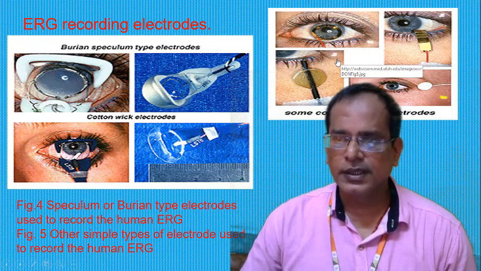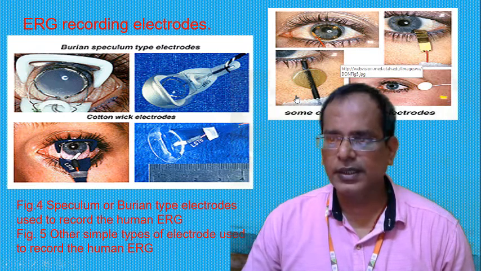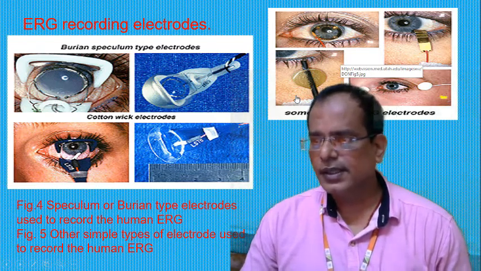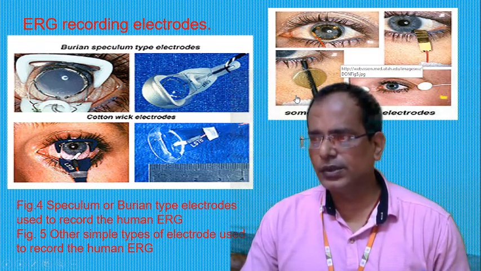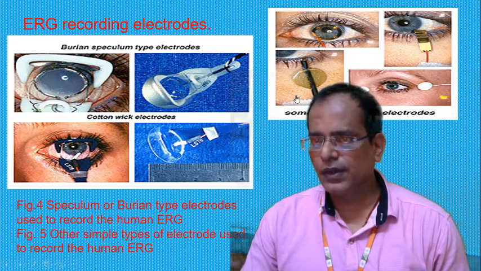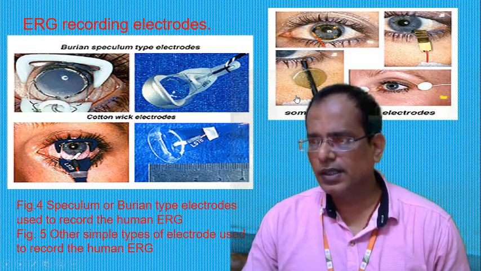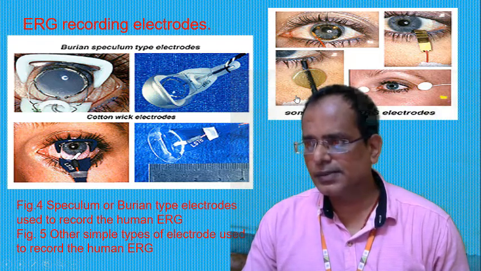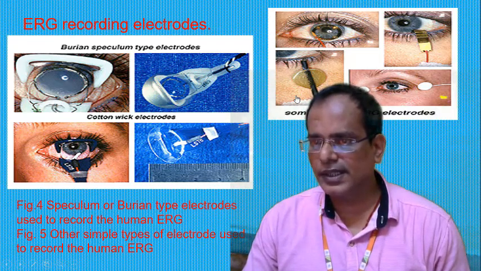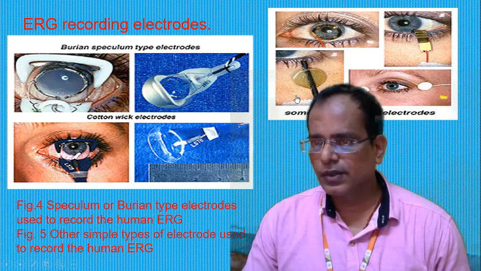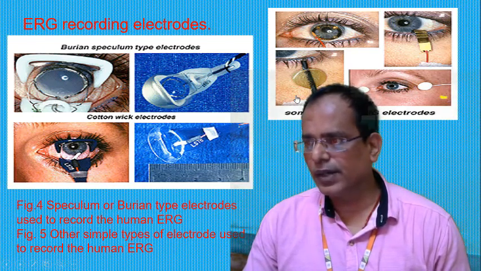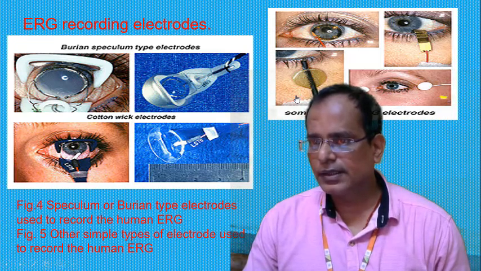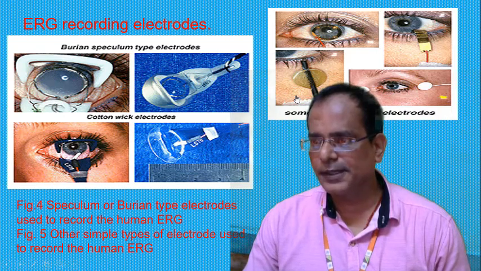So here the ERG can be recorded several ways. The pupil is usually dilated. There are a number of corneal ERG electrodes in common use. Some are speculum structures, as you are seeing in Figure 4, that hold the eye open and have a contact lens with a wire ring that floats on the cornea, supported by a small spring.